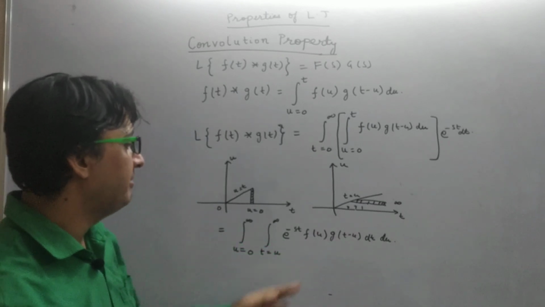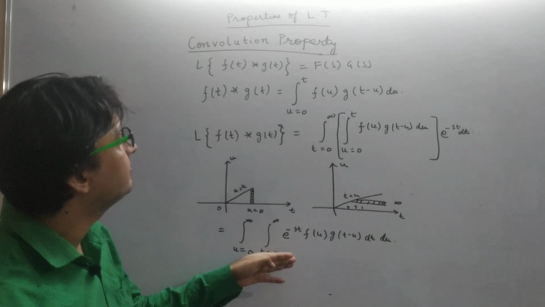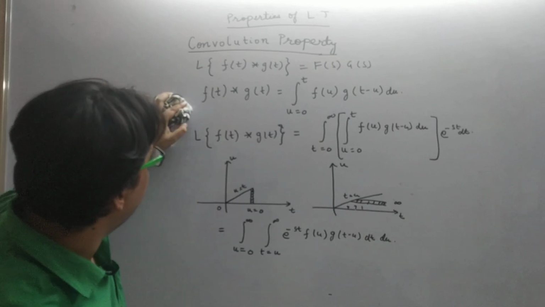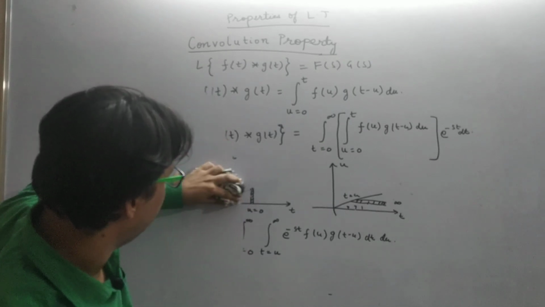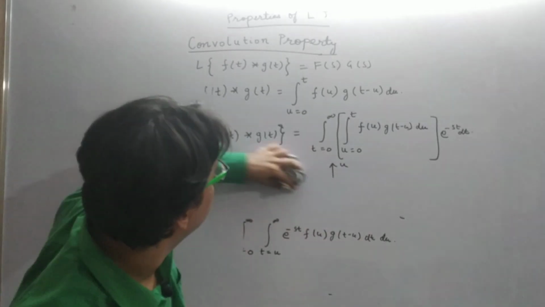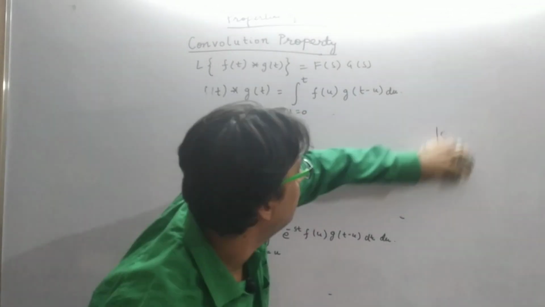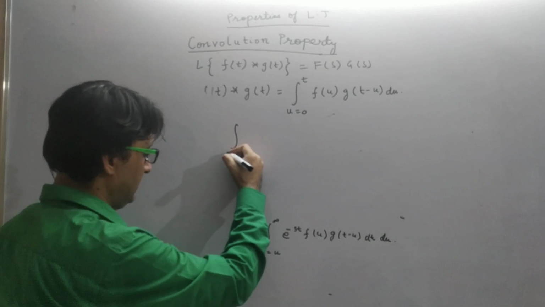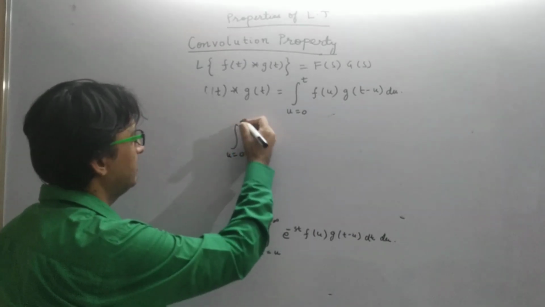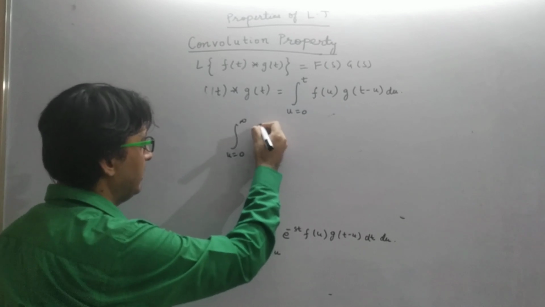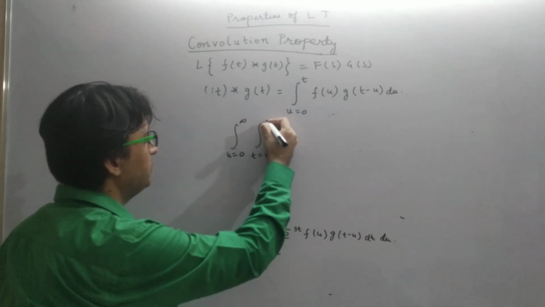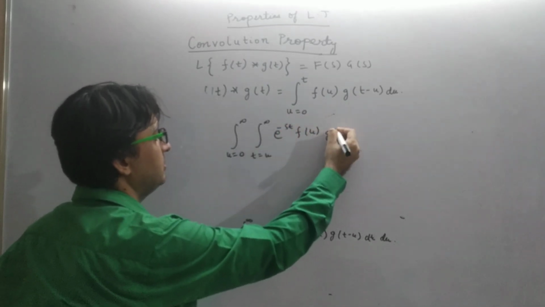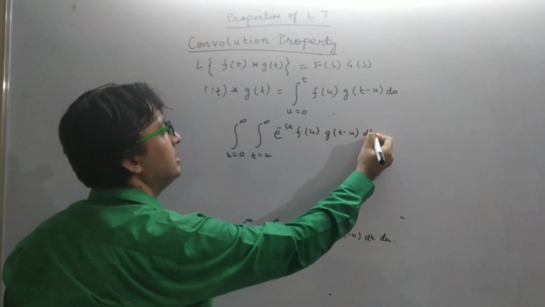Now I will try to write this equation at the front so that I can solve it. So our integral is u equal to 0 to infinity and t equal to u to infinity of e to the power minus st f(u) g(t minus u) dt du.